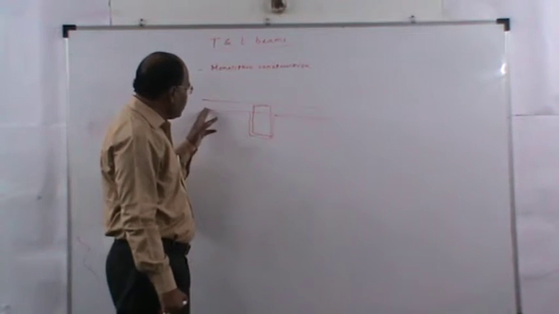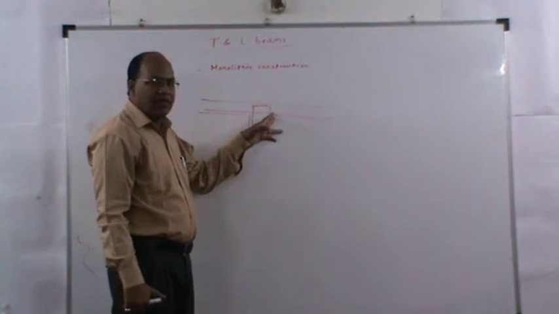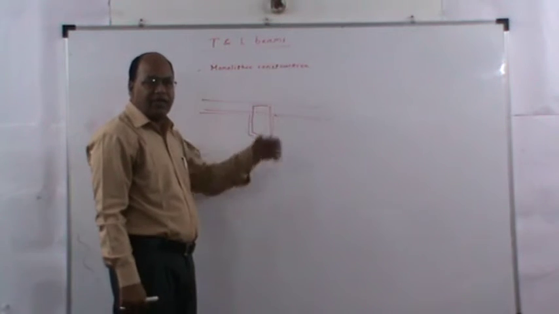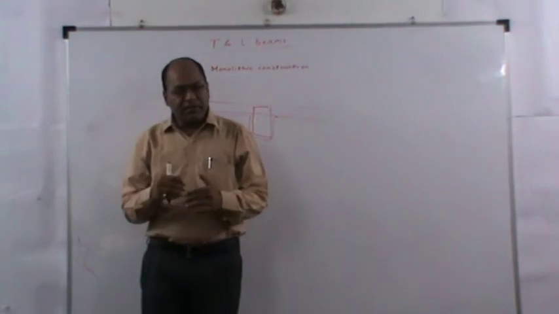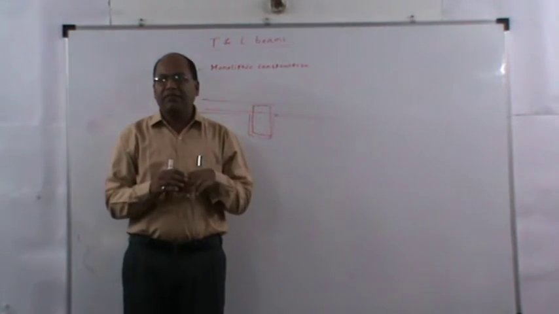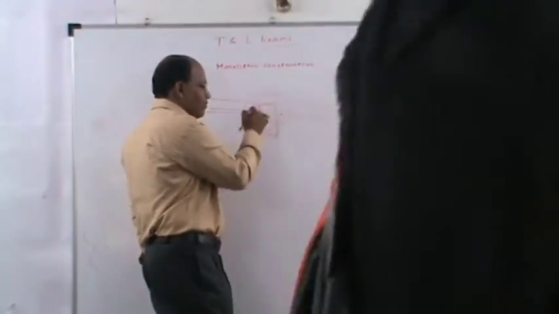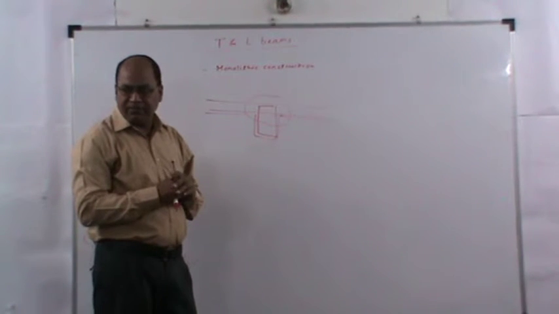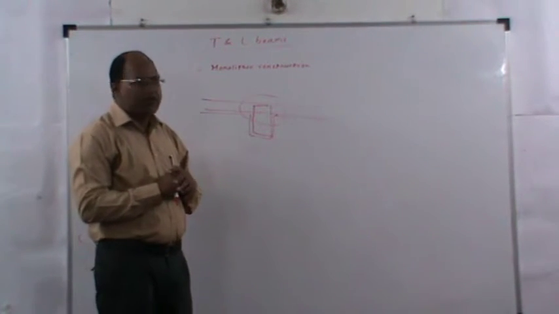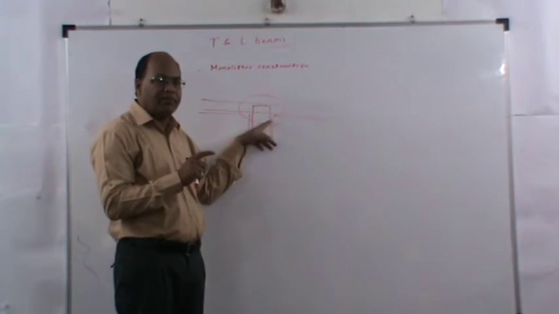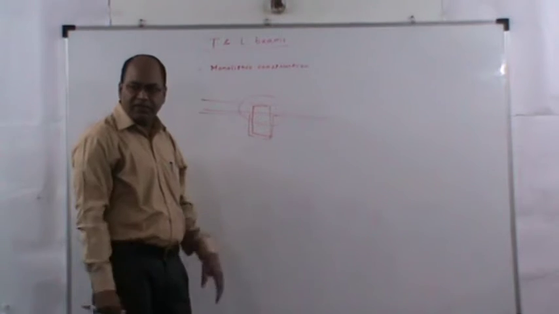So reinforcement of the slab goes into the beam and bars in the beam are extended into the slab. This joint is a sort of rigid joint. So these two, that is slab and beam, act together over here.